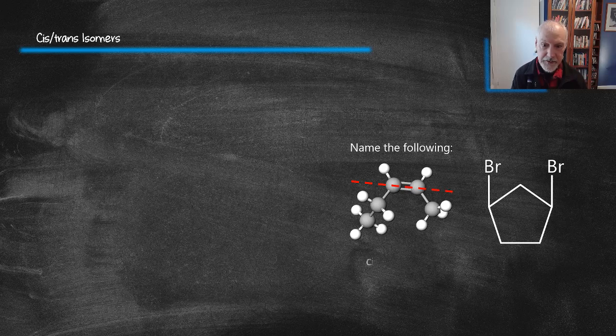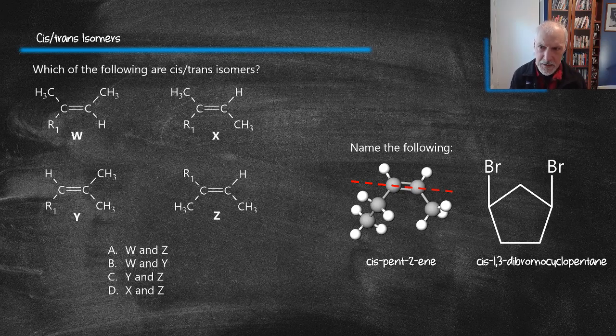So this would be called cis-pent-2-ene. The molecule on the right is a cyclic compound, cyclopentane, with both bromines lying on the same side of the plane of the ring. So this would be called cis-1,3-dibromocyclopentane.